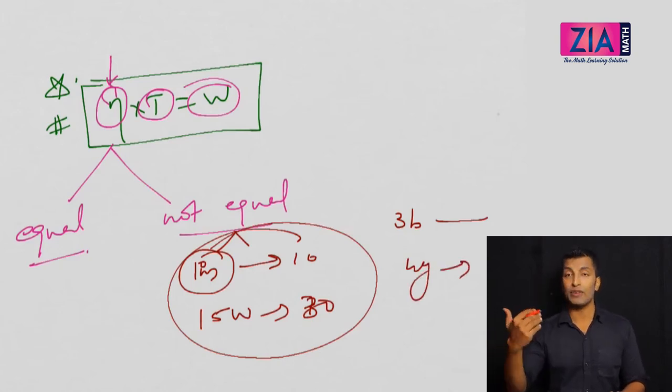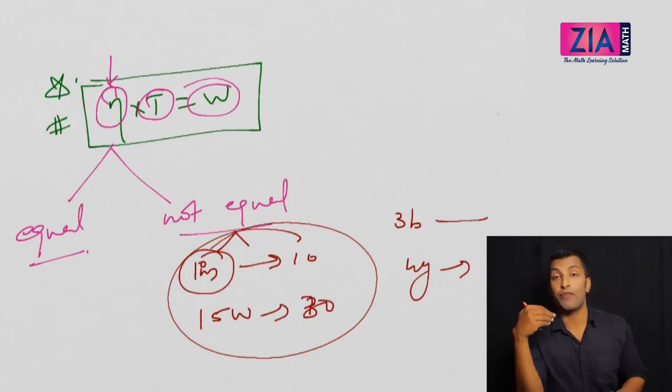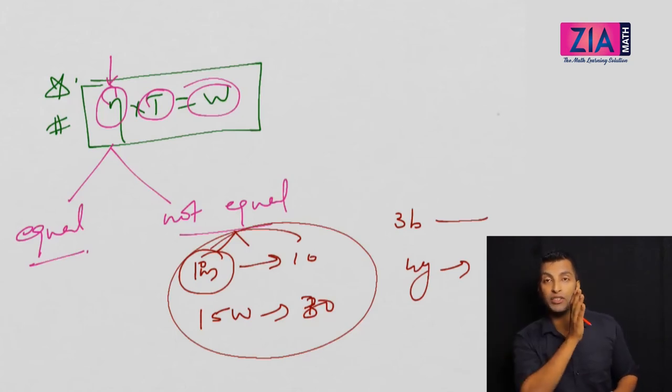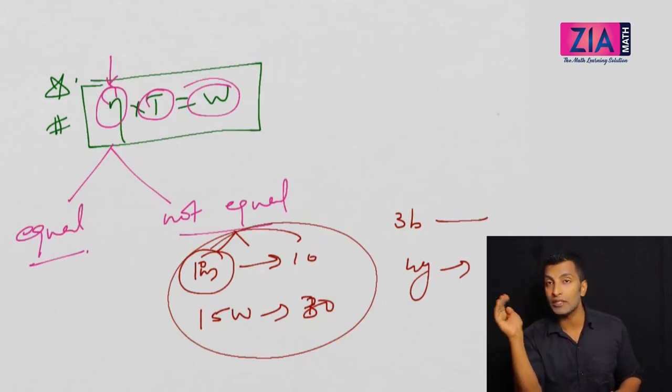Here you can see efficiencies are different. Or you will see 3 men and 5 boys can finish the work in this many days, or 5 cows and 10 calves can finish the grazing field in this many days. These are the cases where efficiencies are different, because the efficiency of a boy and a girl is different, of a cow and a calf is different, and of women and men is different.